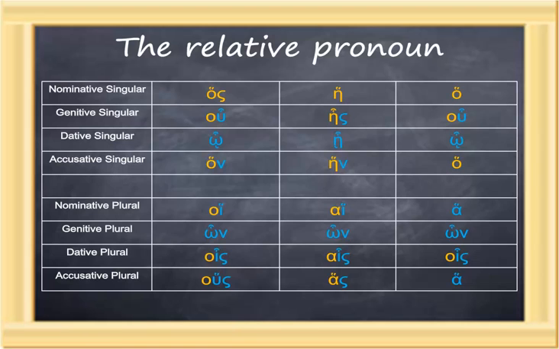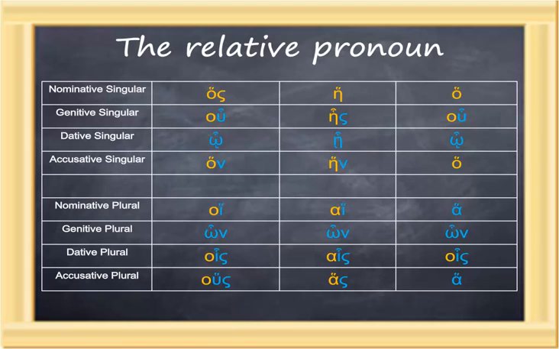The accusative singular: hon, hen, ha: whom, and which, by translation. The nominative plural: hoi, hai, ha: who, which things.